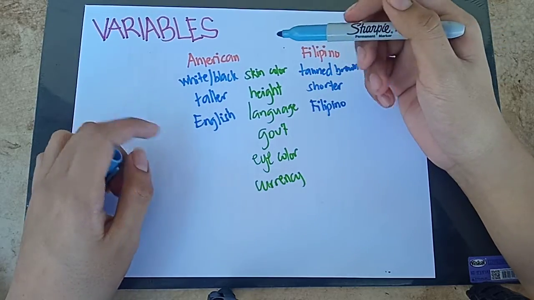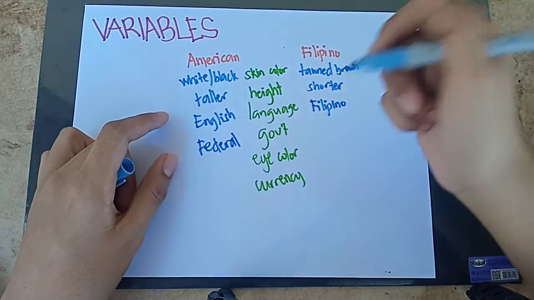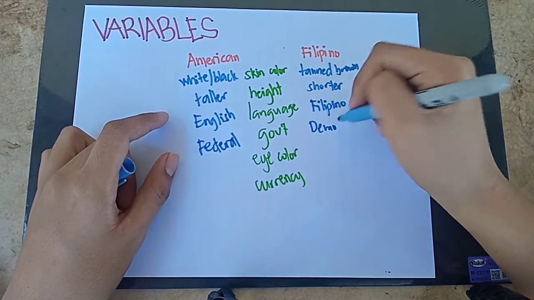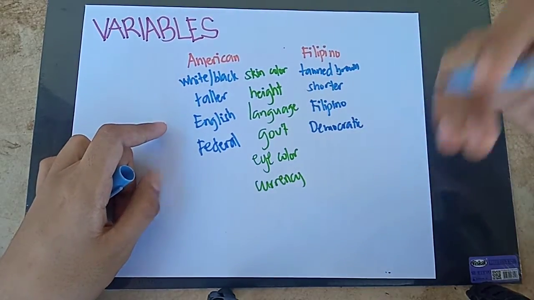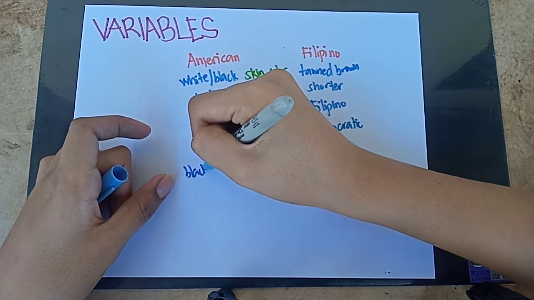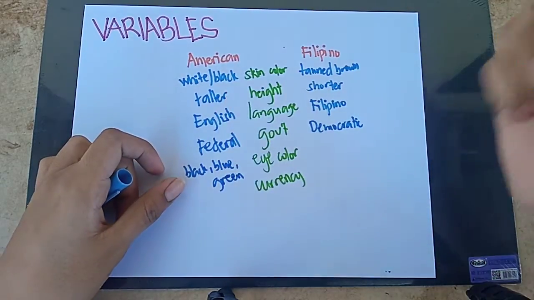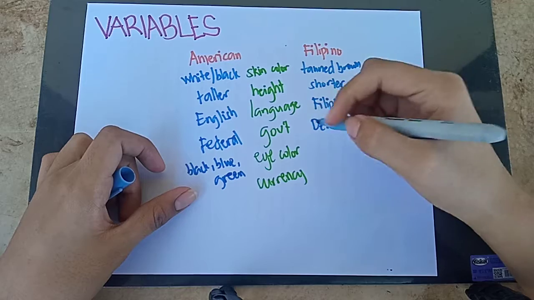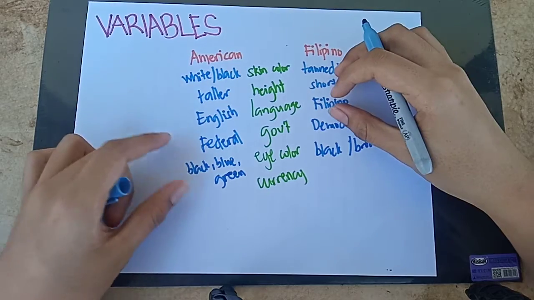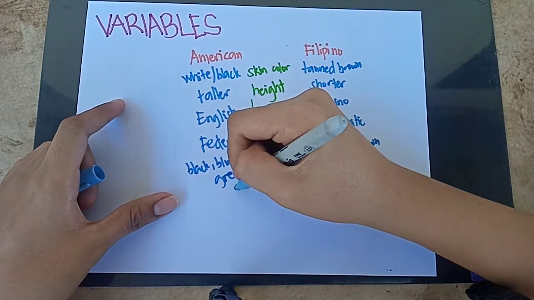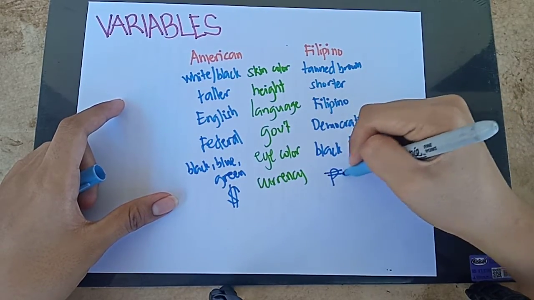In terms of government, Americans have a federal government, while Filipinos have a democratic government. In terms of eye color, Americans have different eye colors. It can range from black, blue, green, brown, etc. While Filipinos naturally have two eye colors. It can be black or brown. Now, in terms of currency, Americans use dollars, while Filipinos use the Philippine peso.